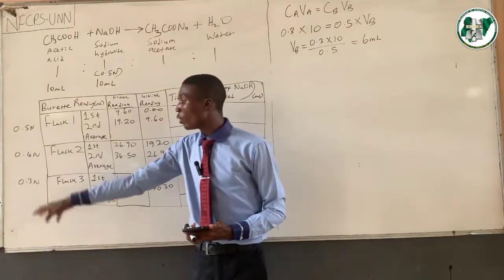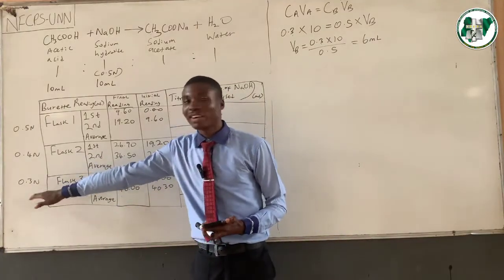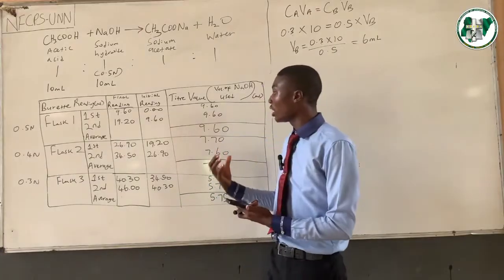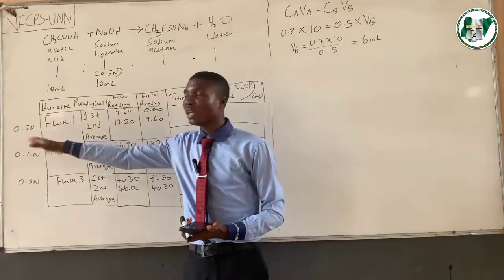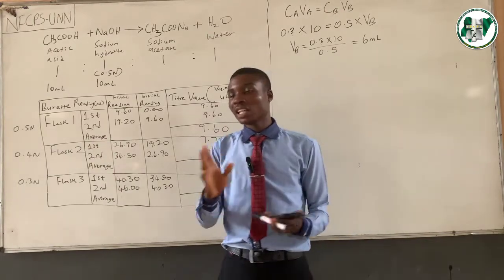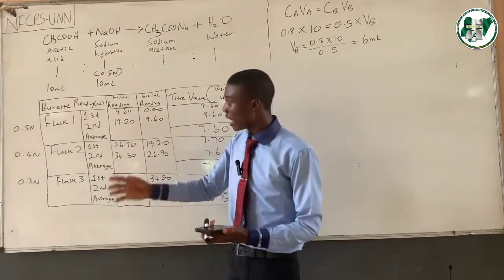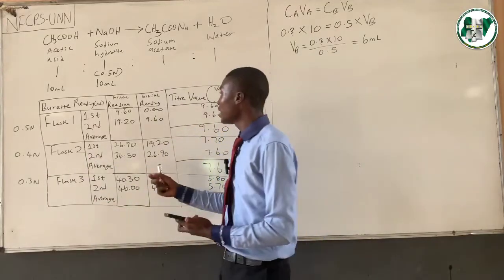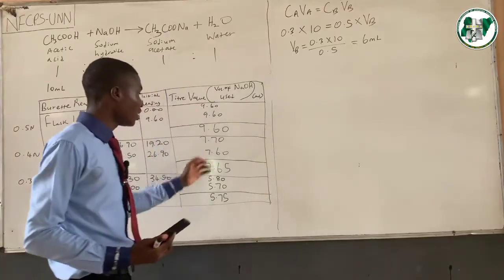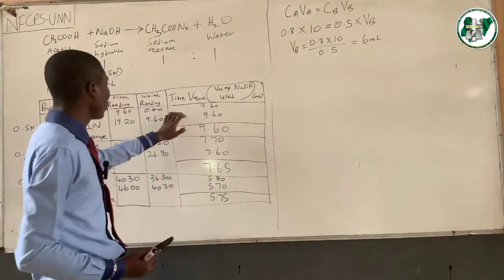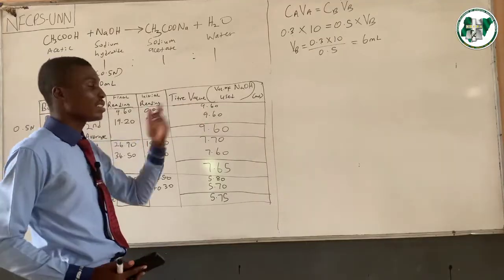And it will also be much higher than the level of adsorption that takes place in the 0.3 normal, because the more concentrated or the more available the adsorbate, the more the adsorption that takes place. Same thing for flask 2 and same thing for flask 3. So with that in mind, you can now see the trend in the values we are having here. For example, if you look at this particular value, this is 9.60.